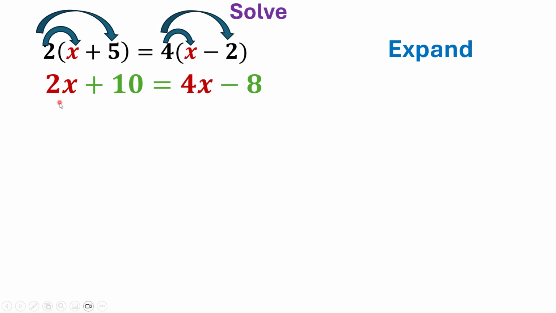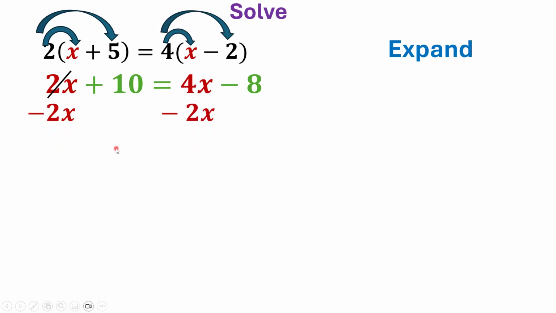I will think about the smaller value of the variable terms 2x and 4x. The smaller value is 2x, so the easier way is to subtract 2x from the two sides of the equation. I check for the smaller value of the variable and I subtract it from the two sides. Why?